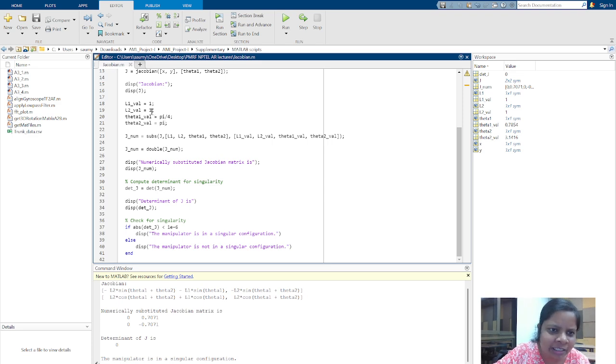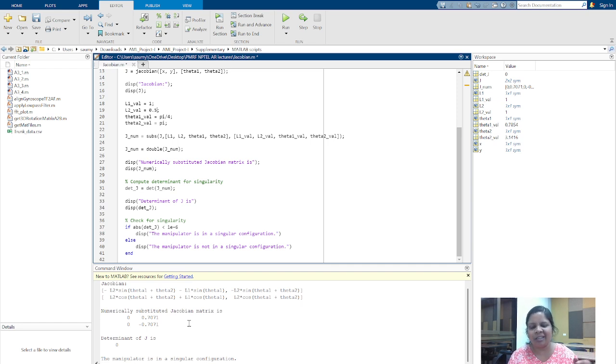Let's say I change the value of L2 to be 0.5. Then also we should have the same answer, right? The manipulator is in a singular configuration, because we already saw that the determinant is L1 L2 sine theta 2. L1 cannot be 0, L2 cannot be 0, so sine theta 2 can be only 0, and for that, theta 2 has to be pi or 0.